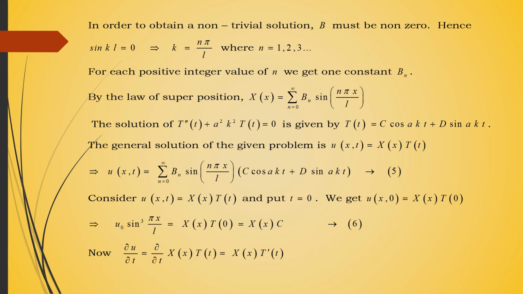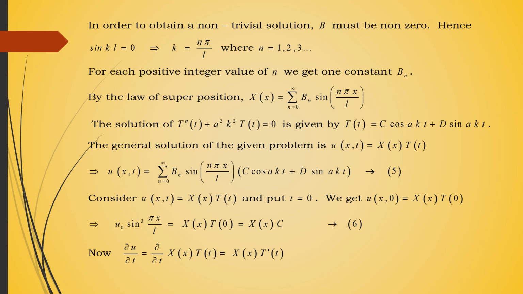Sin kL becomes 0 only when k = nπ/L, where n takes positive integer values. That means n = 1, 2, 3, and so on. Since k = nπ/L, if we put n = 1, we get k = π/L.